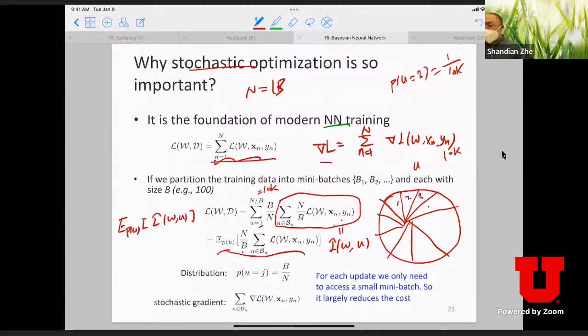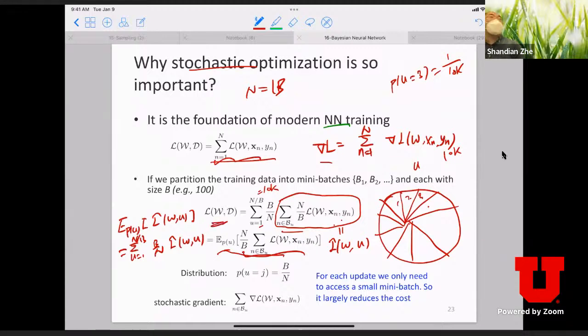If you calculate the expectation, we know this is just a discrete distribution, just a sum over all possible values U can take, which is U from 1 to N over B, times the probability U takes each value, which is just B over N, times the associated loss on that mini batch. And then you just replace this L hat by the thing we just defined.